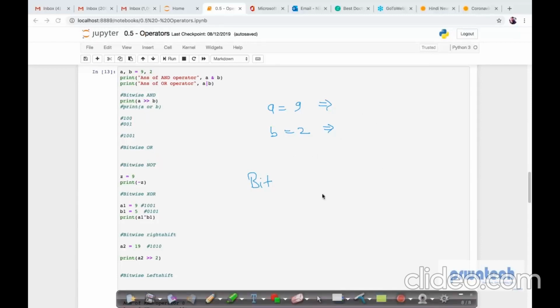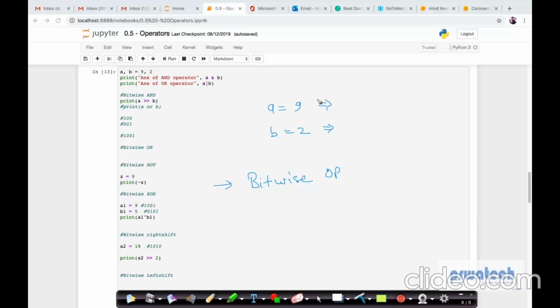We'll revise once. In the bitwise operator, this base has to be converted into powers, because in binary we always count any value with 2 to the power.